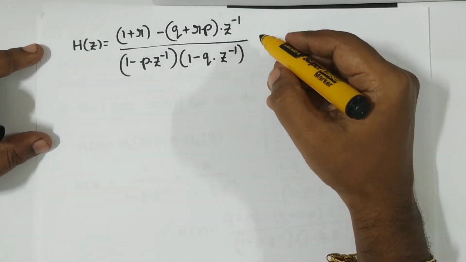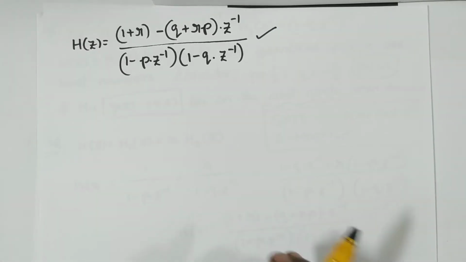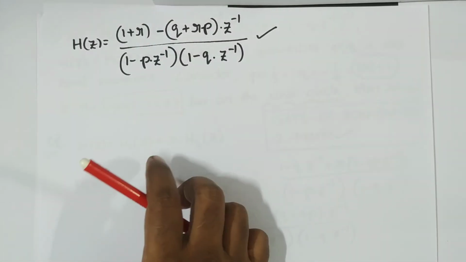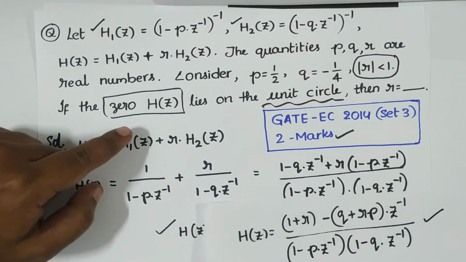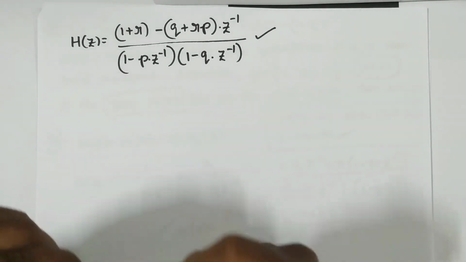This is what we obtained, right? So we have this in our hands as of now. Now the zero is what you have. If the zero of H of z lies on the unit circle, so let's go for it now.